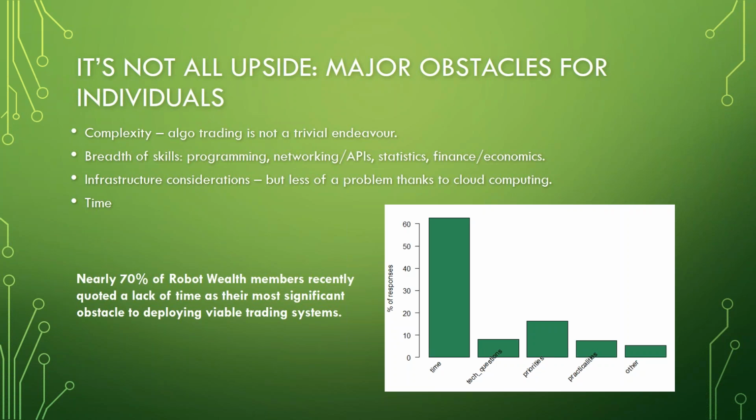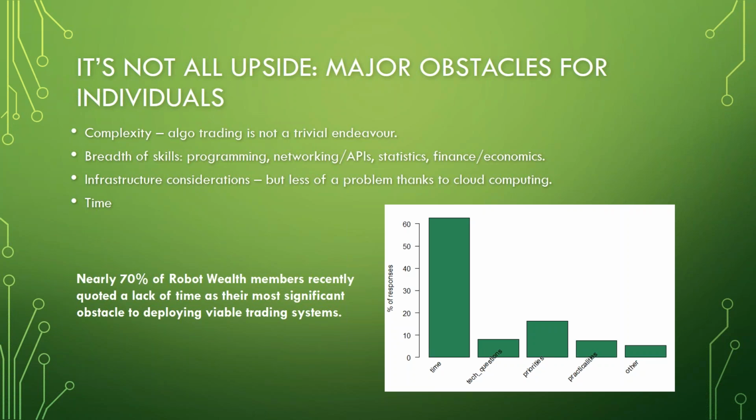Another big problem for individual traders is time, or rather the lack of time. I recently surveyed our Robot Wealth members to find out what their most significant obstacles to deploying trading systems were. And over 60% of our members quoted a lack of time as the single biggest obstacle.